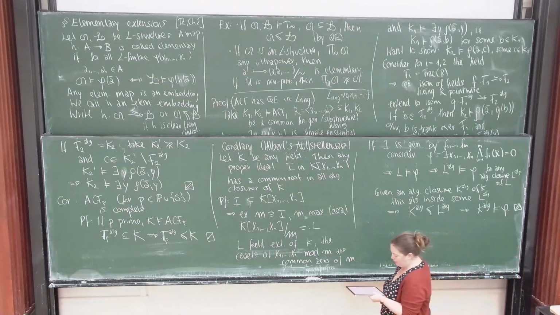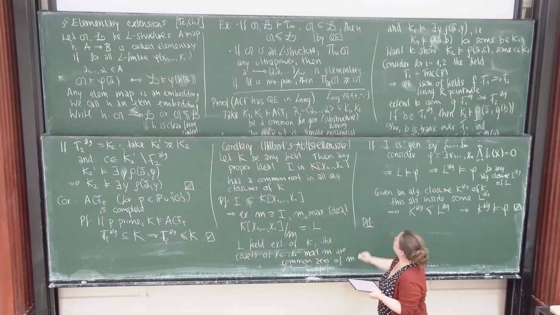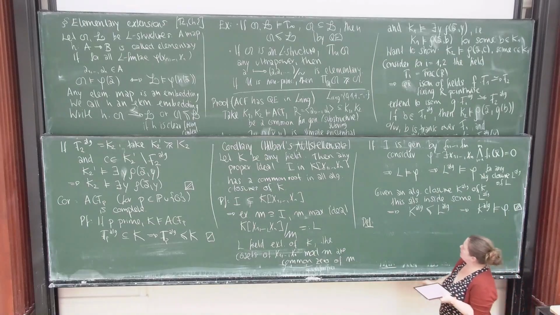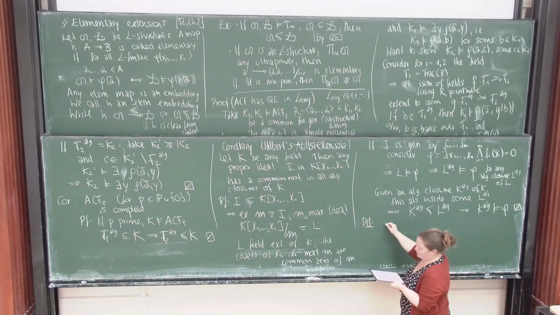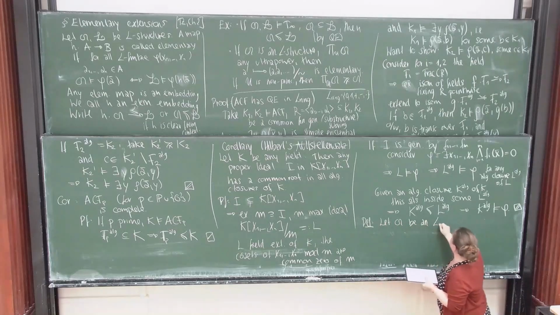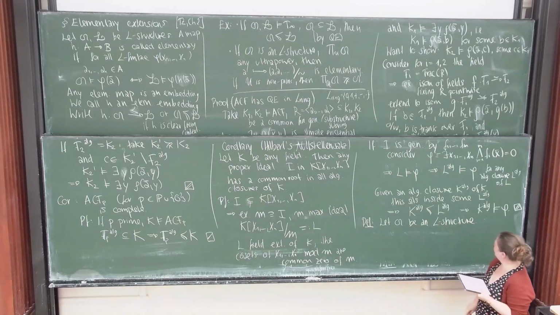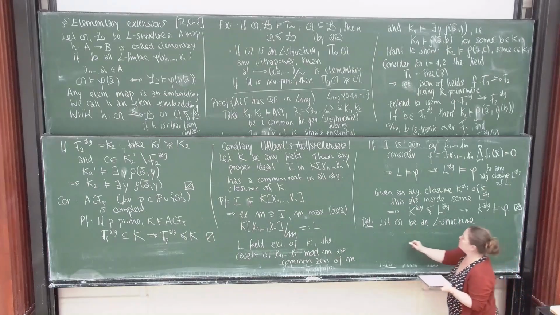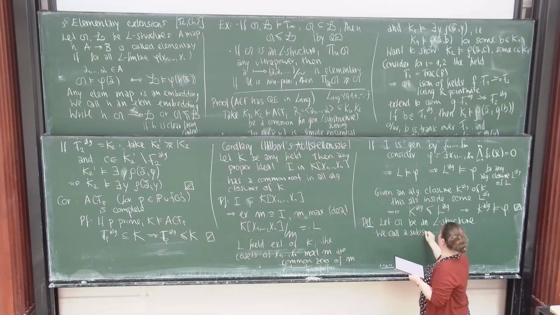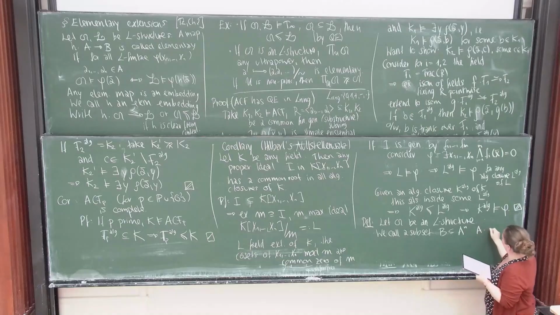Okay, so I want to do some more corollaries, but I need one more definition, which already featured in Bjorn's talk earlier today. So let A be an L structure. I'll be very explicit because there's this confusion about definability with parameters and without. So we call the subset B of A to the n A-definable.